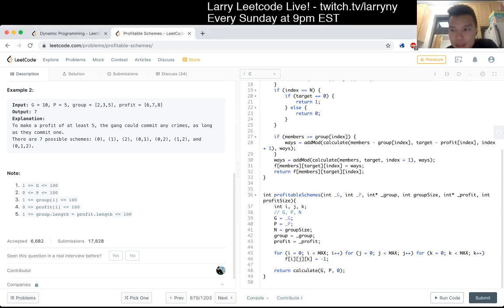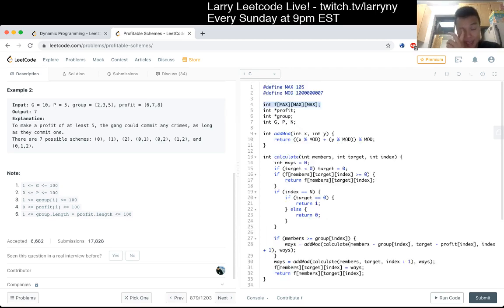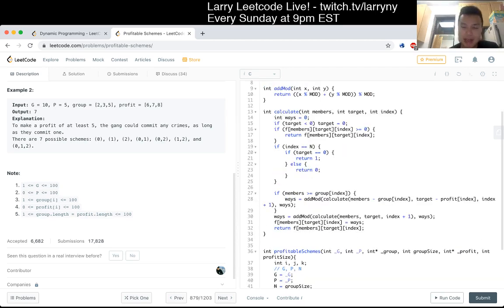But one thing to notice in these problems is that you could eliminate a dimension from the space in the dynamic program problem, though you have to rewrite it in bottoms up again.